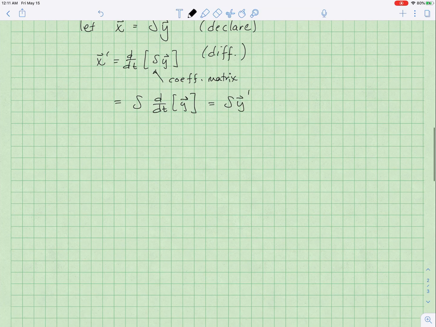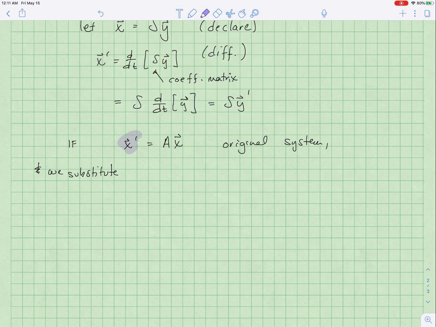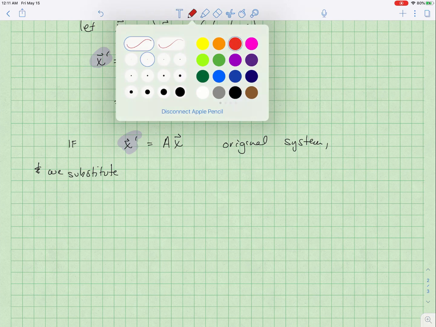And so I can then use that substitution. If x prime is equal to A x, my original system, and we substitute, I can substitute for x prime. x prime is S y prime, so I'll rewrite that.